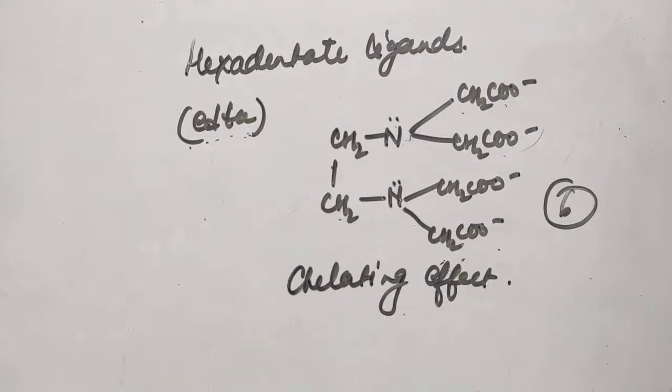You can visualize this, because the big, bulky groups can cause steric hindrance, the steric effect, and due to the steric effect they are less stable. Smaller groups with a chelate ring are more stable, right? So these are the types of ligands on the basis of their denticity.